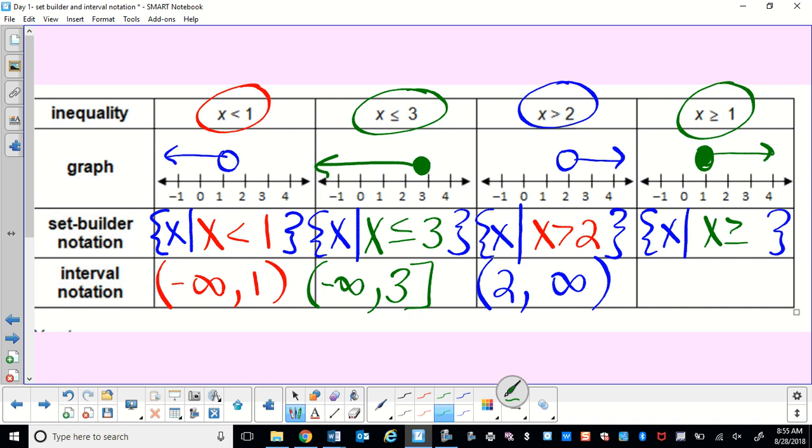X is greater than or equal to 1. Interval notation. From left to right, where does my graph start? 1, it goes towards positive infinity. My 1 does it have a parentheses or a bracket? My infinity? Perfect. You guys get that? Bryce, you good? Chris? Anthony? Bianca? You got that? All right.